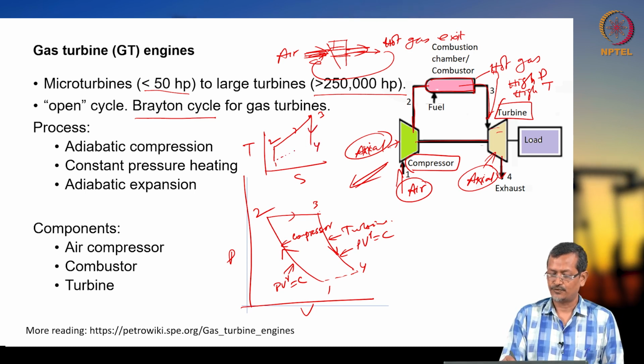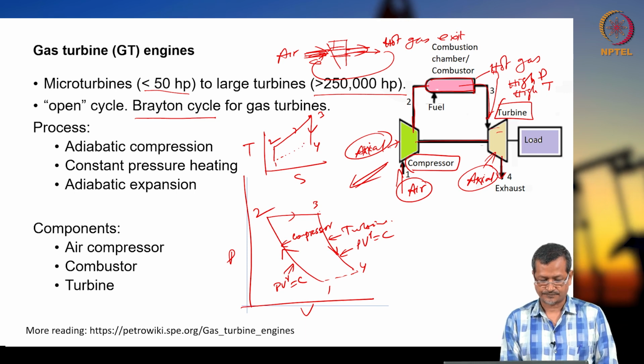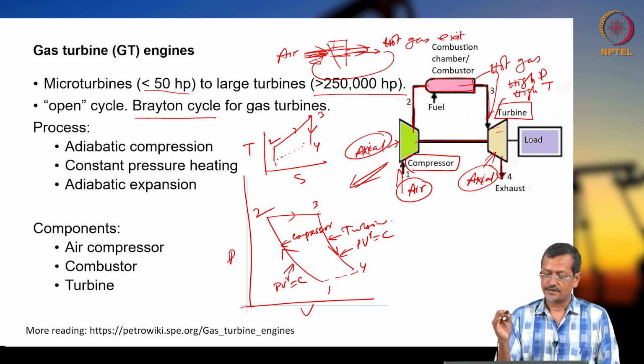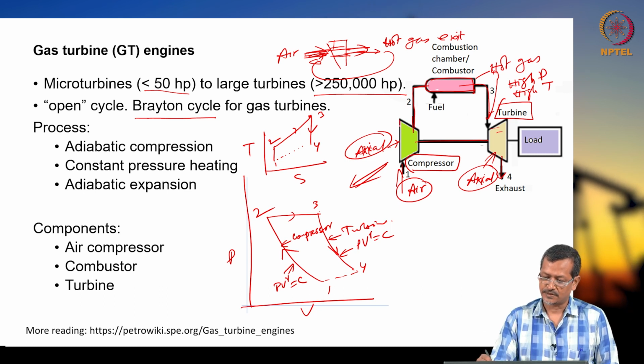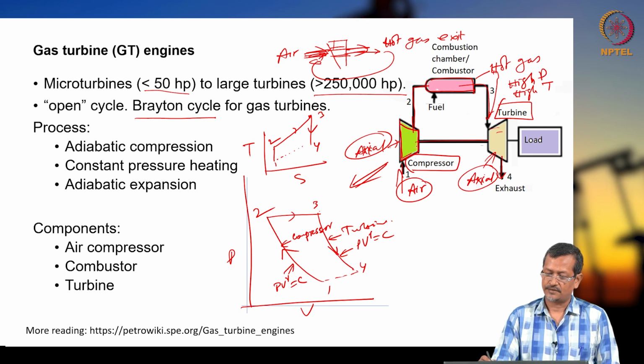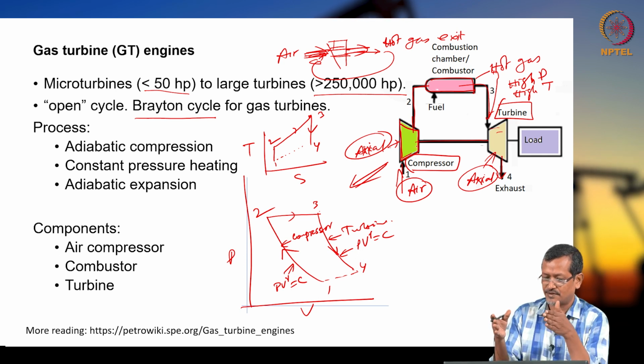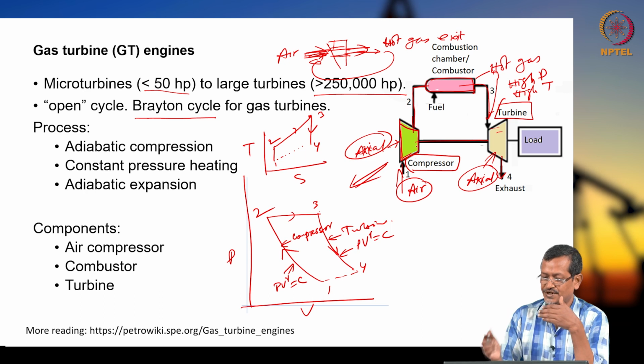Normally you do not connect this one, and whenever you are drawing the compressor and turbine, you have to follow some rule. The compressor means you are compressing, so you draw a cone shaped compressor.